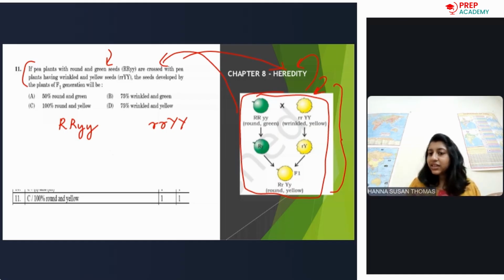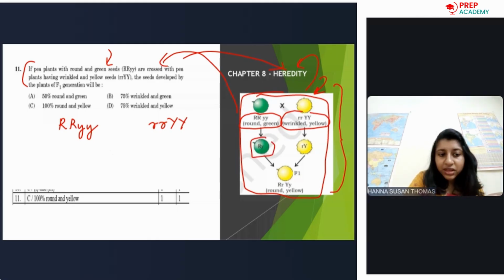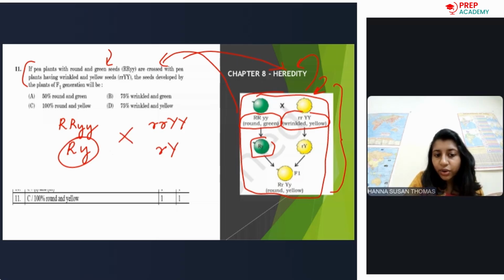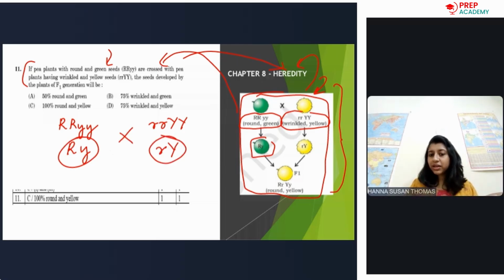The same thing you can see in this particular diagram. When crossing a round green seed with a wrinkled yellow seed, the gametes will be a round green gamete and a wrinkled yellow gamete.